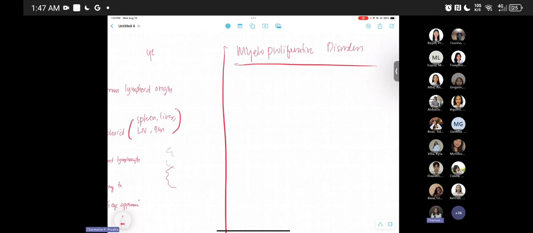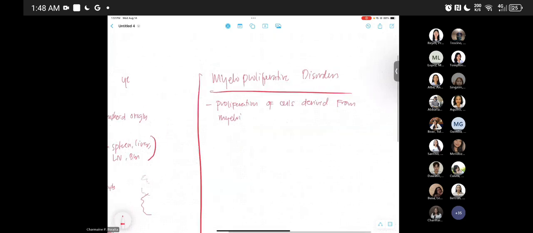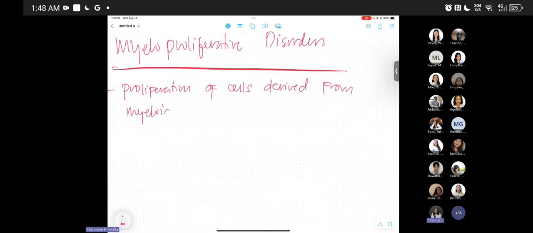Itong myeloproliferative disorders are proliferation of cells derived from myeloid stem cell. So going back sa hematopoiesis, ang hematopoietic stem cell will divide into two, CLP and CMP, common myeloid progenitor. Sa myeloproliferative disorders, affected ang granulocytes, affected ang monocytes, affected ang RBC, affected ang platelets.